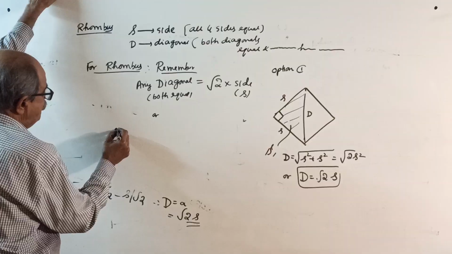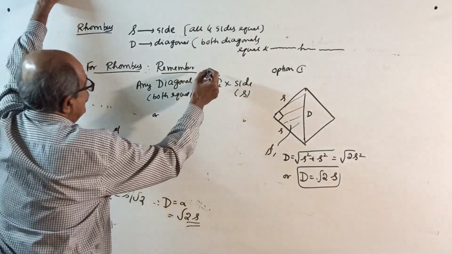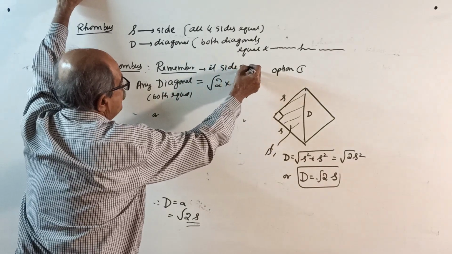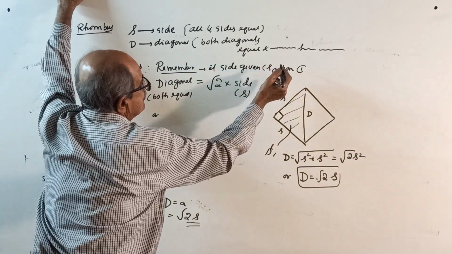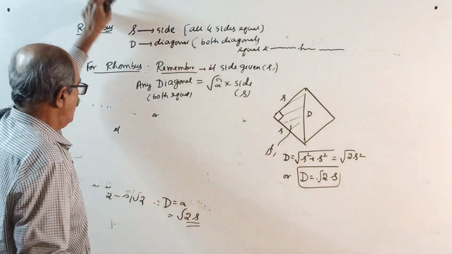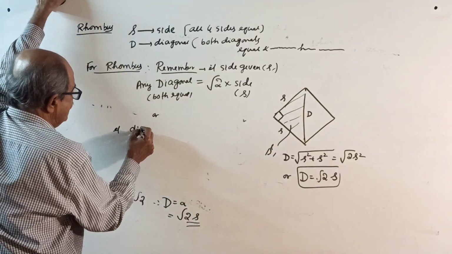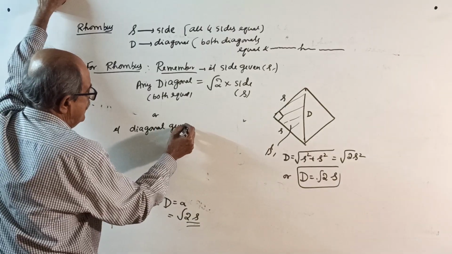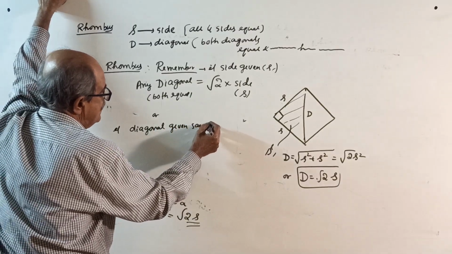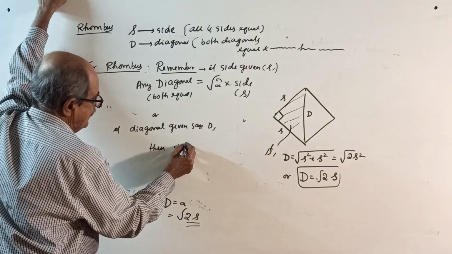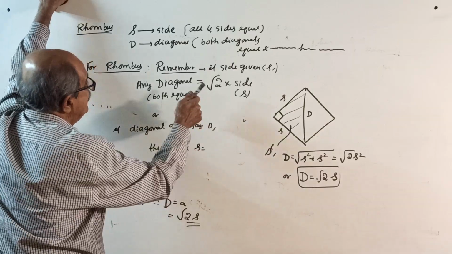Or if by chance, see, for a rhombus, if side s is given and we want the diagonal, or if diagonal D is given and you want the side, you should know it.